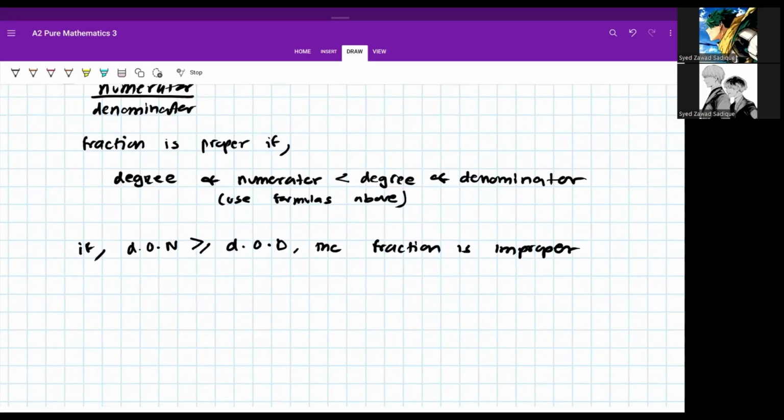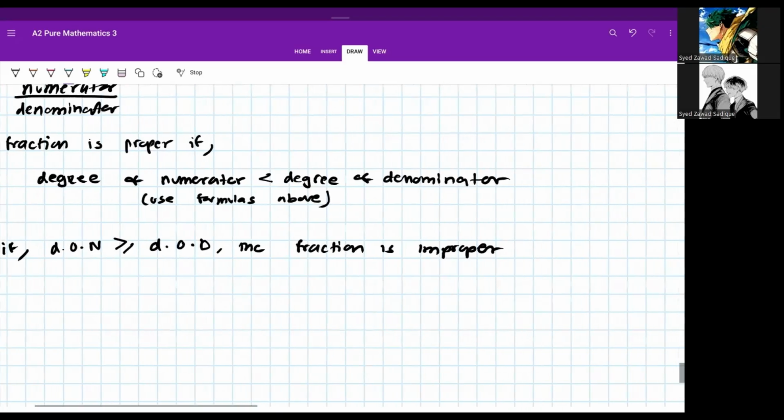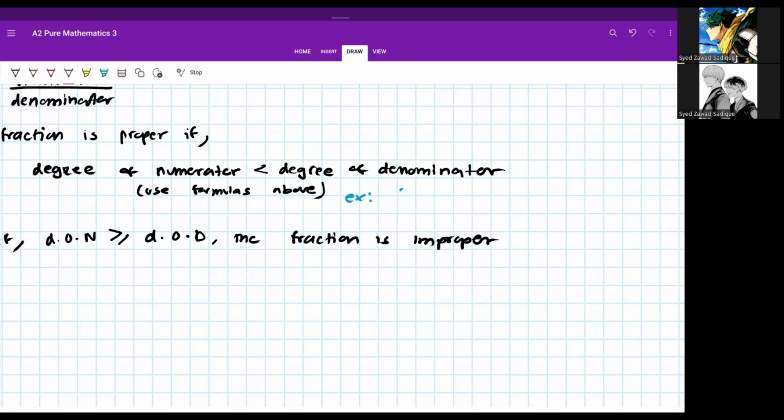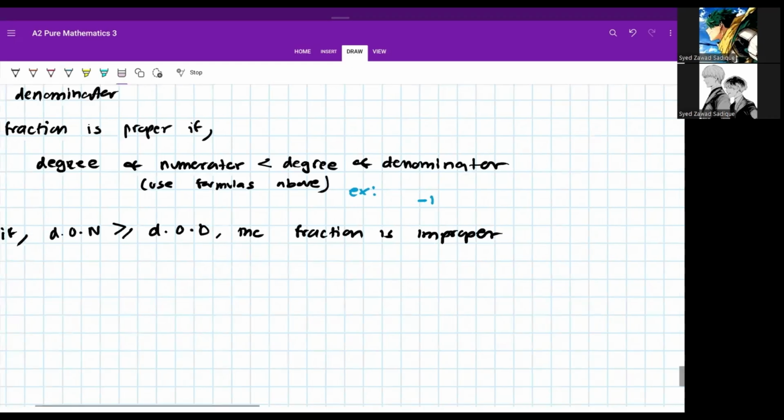By degree, I mean, for example, x plus 1, x minus 1, x plus 3. So the degree is 1, the degree is 2, because x and x multiplied become x squared.